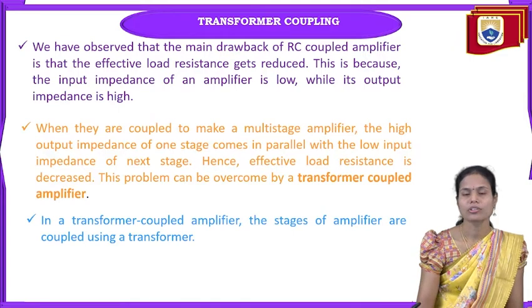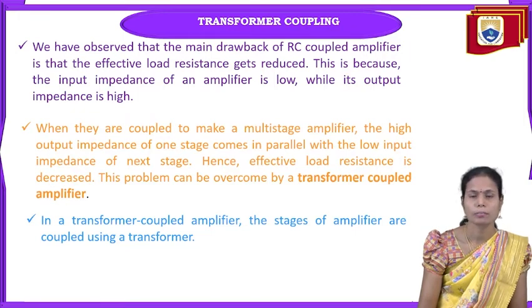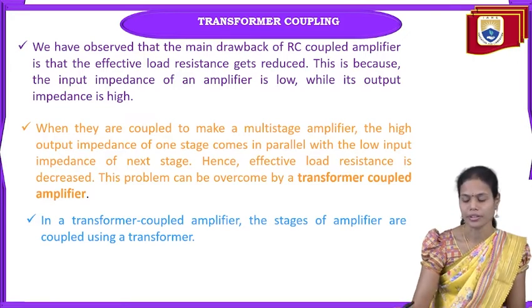That RC coupled amplifier provides high amplification for the low frequency signals. For audio frequency signals, it is not providing faithful amplification due to the effective load resistance problem. So in order to overcome that, we are moving to the transformer coupling here.